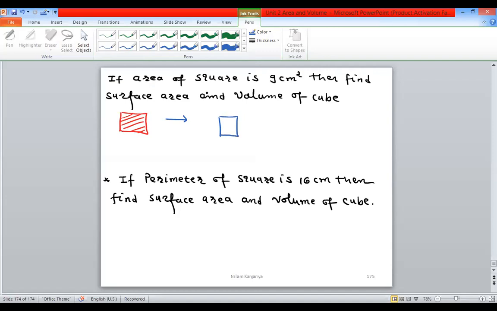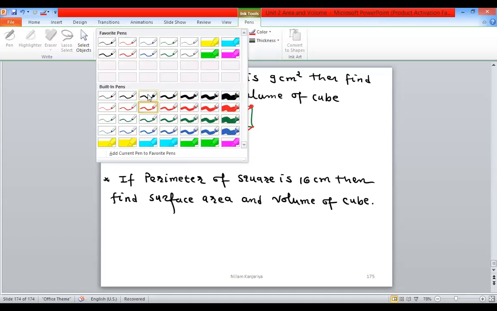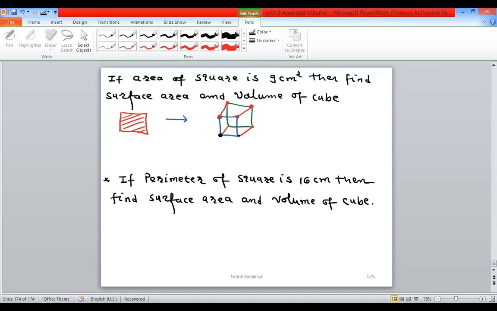First of all, you tell me what you can do, then give me the answer, not directly. This is your cube. Here, this is given.